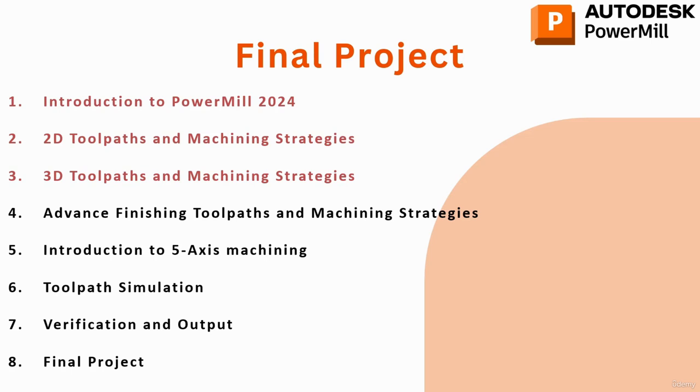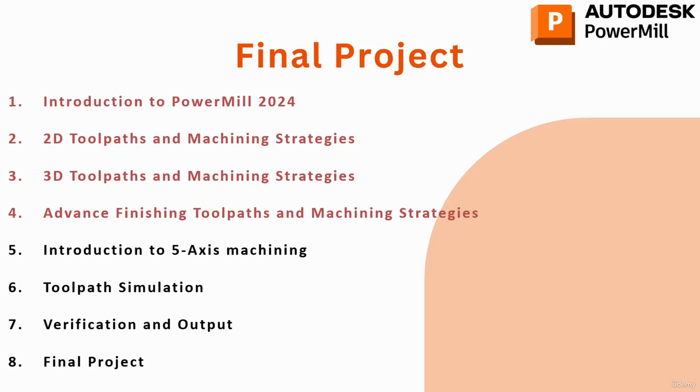Then we completed module number 4, which is all about the advanced finishing toolpaths and machining strategies. We applied all the machining and finishing strategies on our part, including 5-axis machining and some complex machining, including the raster finishing operation, project finishing, profile finishing operation, and then 3D offset finishing operation.